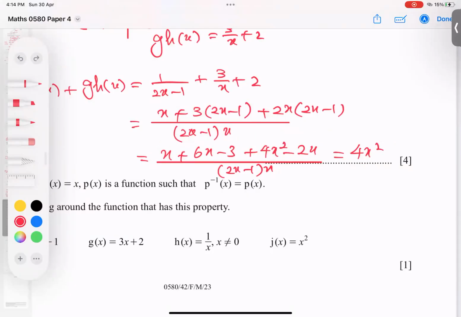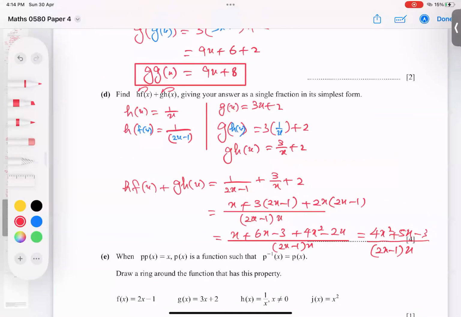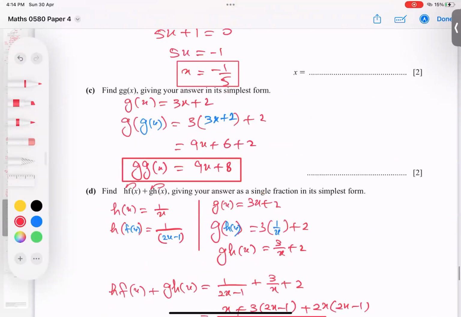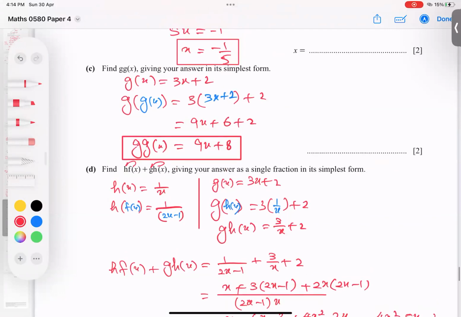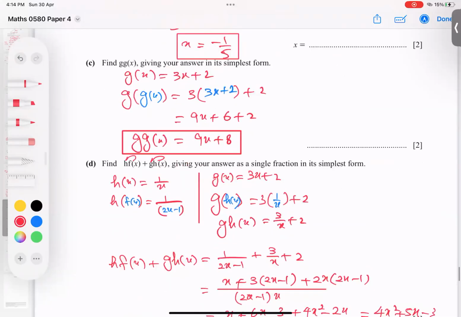Out of 7, 2 gone, 5. And this is my final answer. Okay. Let's recheck. f will go in h. f go in h is correct. Then h go in g. h go in g, 3 over x plus 2.